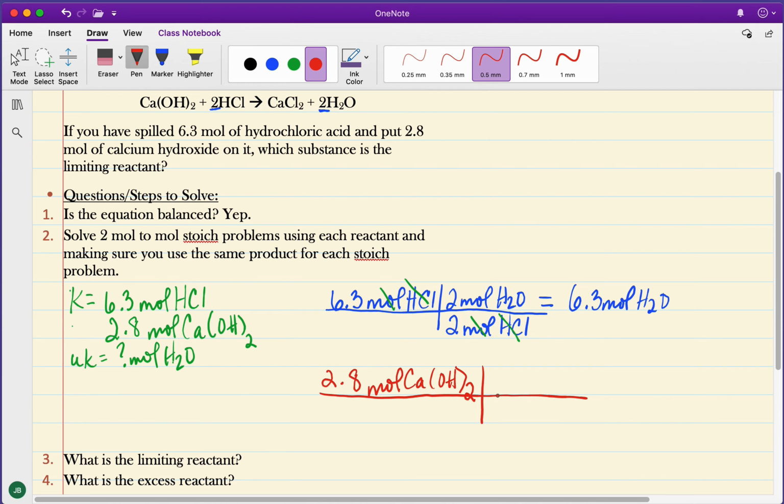Once again, I'm going to go up to my balanced equation, and we see that I have an understood 1, and I'm going to use that 2 for the water as well.